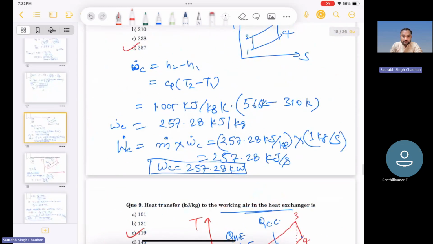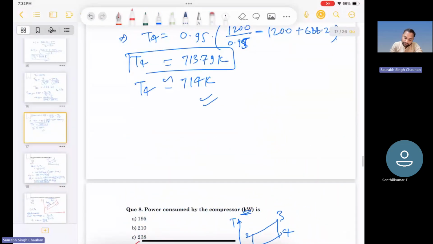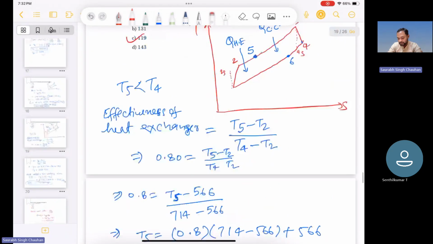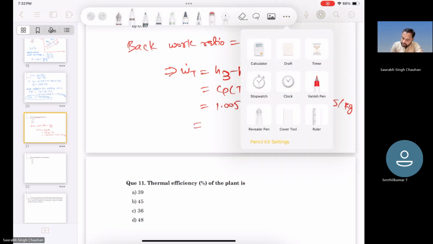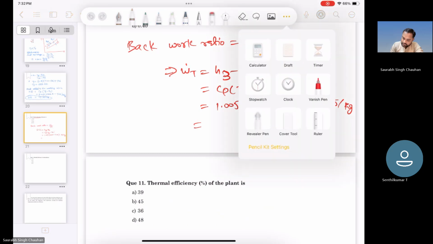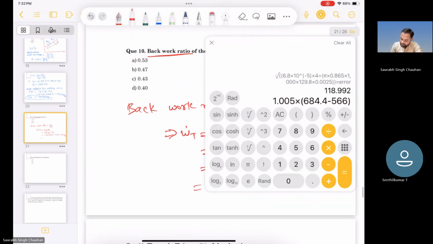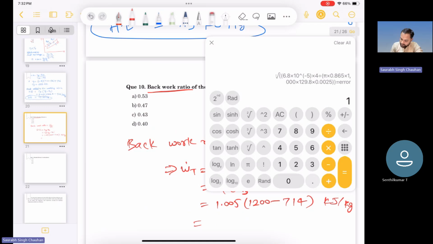How much is T4? 714 Kelvin. So this will be in kilojoule per kg, and since it is 1 kilogram per second, so 1.005 times (1200 minus 714).